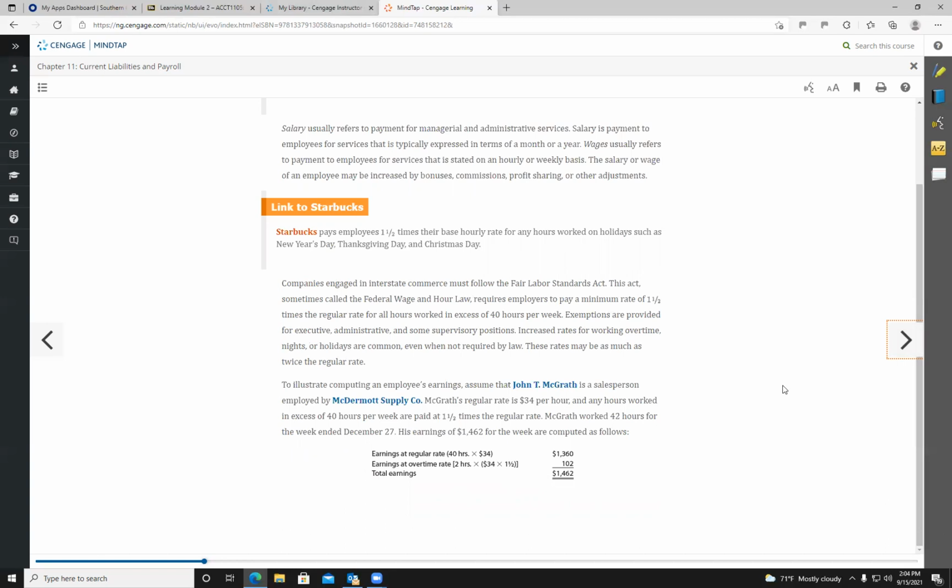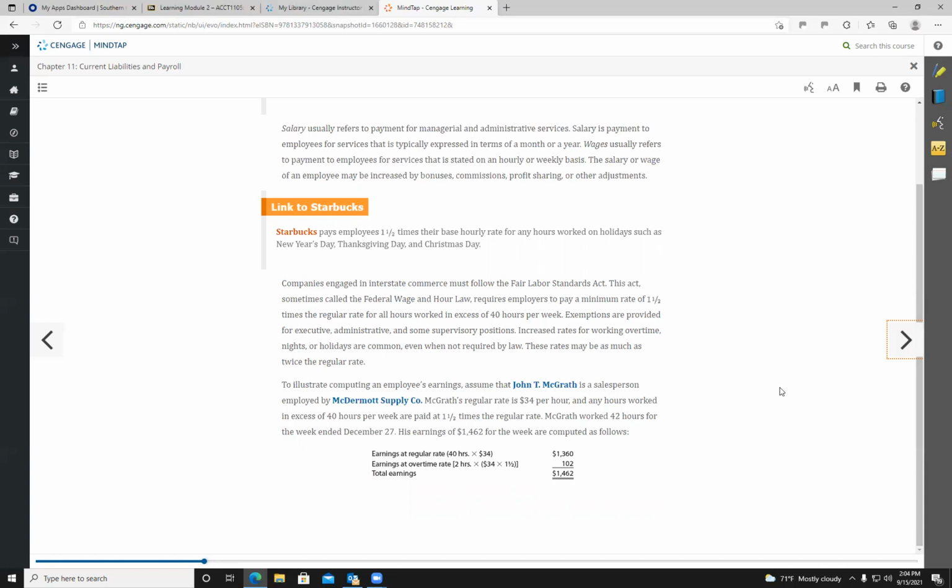So let's look at this example really quickly, just to get our heads in the right space when talking about salary and wages. Companies engaged in interstate commerce must follow the Fair Labor Standards Act. This act is also sometimes called the federal wage and hour law, and it requires employers to pay a minimum rate of time and a half, which is 1.5 times the regular rate, for all hours worked in excess of 40 hours.